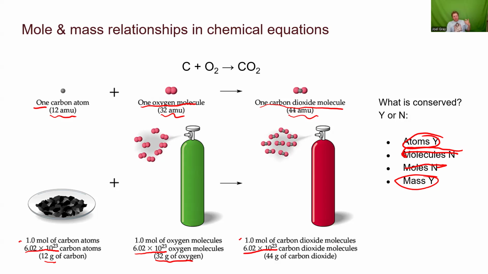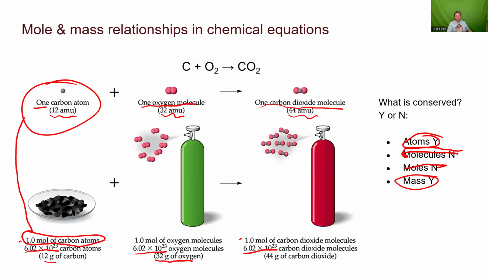So I think it's helpful to think about this relationship. There are some small differences between these terms: one carbon atom and 1 mole of carbon atoms. Slight differences, but important differences. Because when you're talking about one carbon atom, you're talking about a single thing. I always think of it like a ping pong ball.